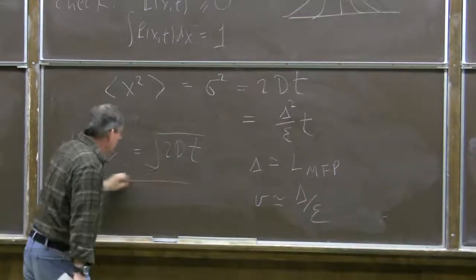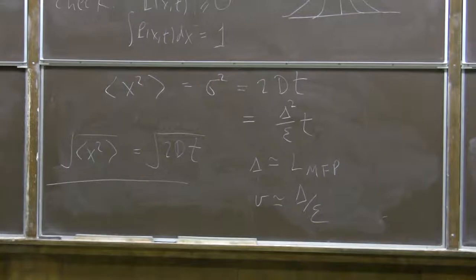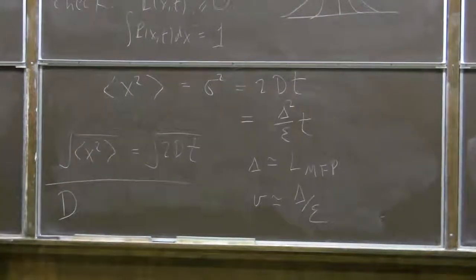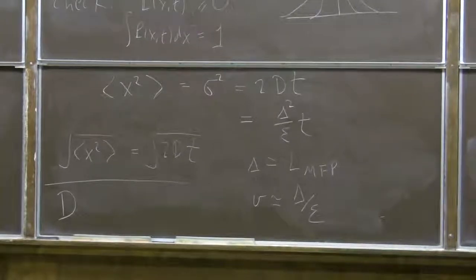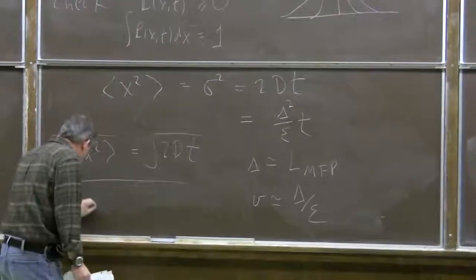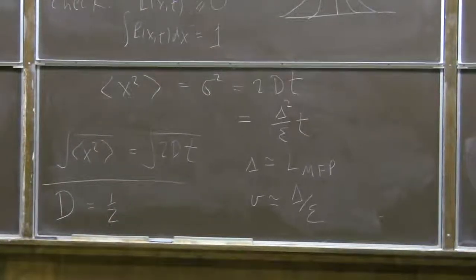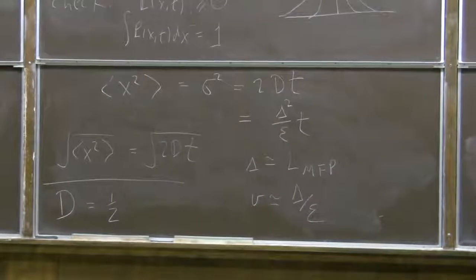So, at least in our naive model, we can think of the diffusion constant from the point of view of a microscopic theory of our molecular gas as a factor of 1/2, which you shouldn't take too seriously because it kind of depends on the crude model that I've chosen.